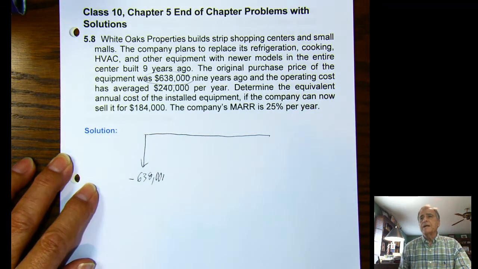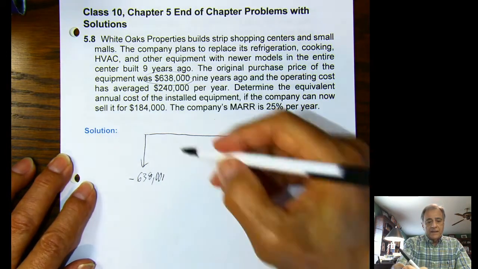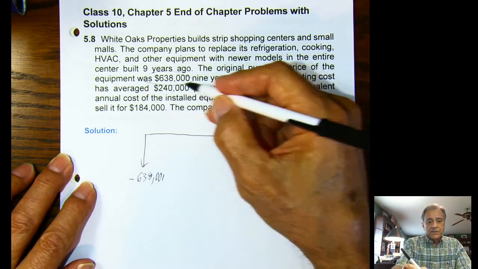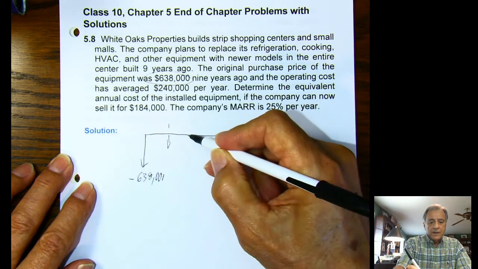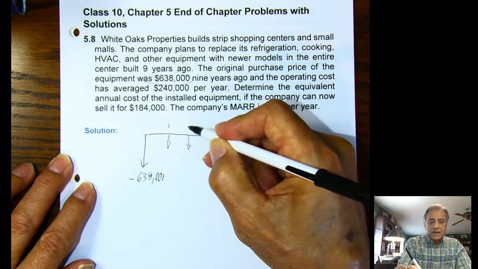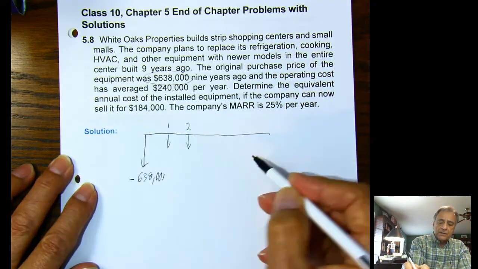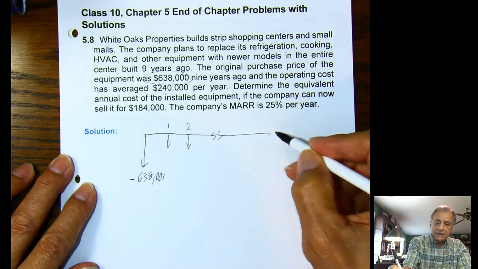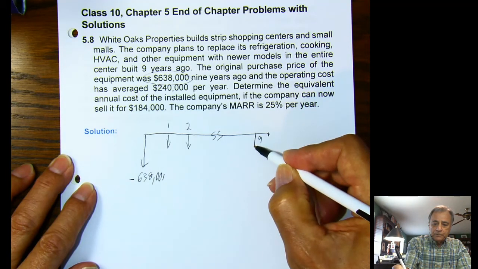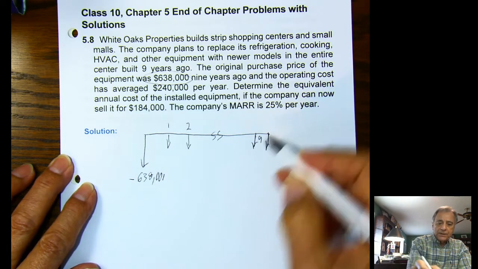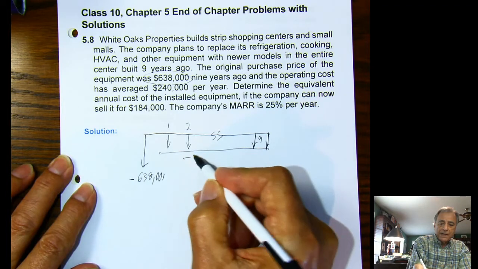So that was a minus 638. And then we had a uniform series of 240 a year for those 9 years. So this is a uniform series that went on for the 9-year period of minus 240,000.